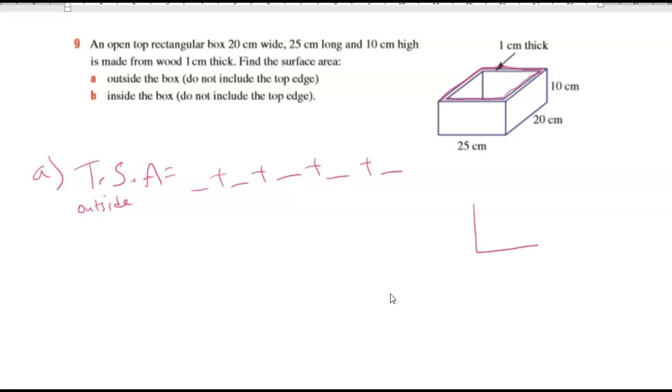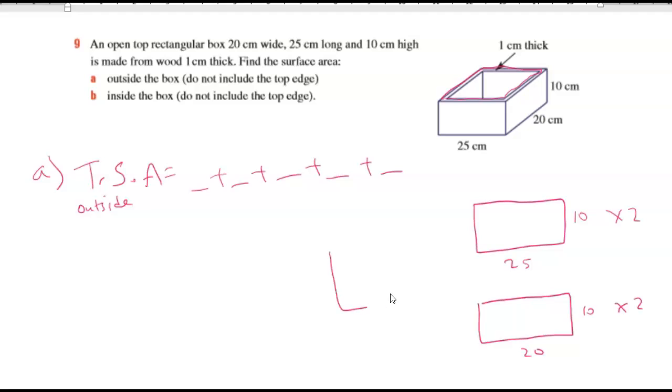So the front and the back rectangle is going to be 25 by 10. So we've got 2 of them. These side ones are 20 by 10. We've got 2 of them. And then we've got our base, and I'm going to just put it over here because I can. And that's 20 times 25. And we've only got 1 of them. So you'd find the area of those 3, add them together.